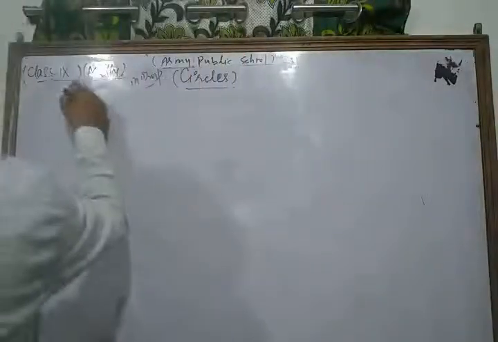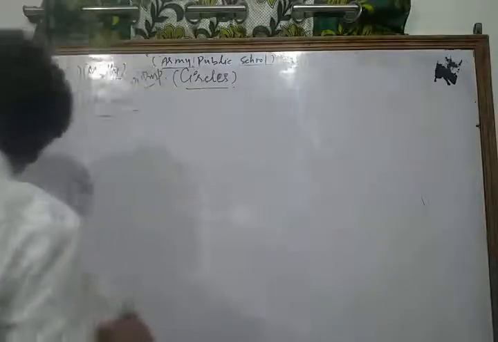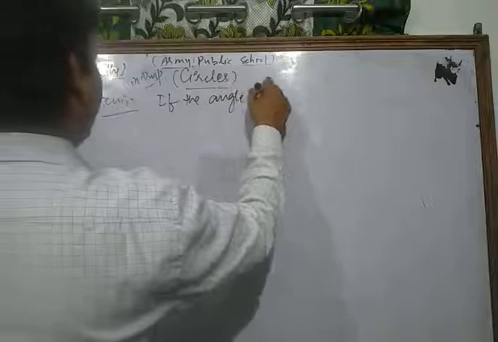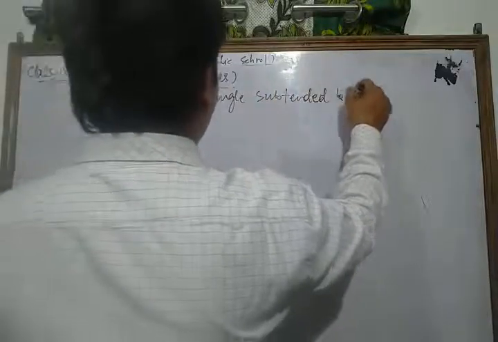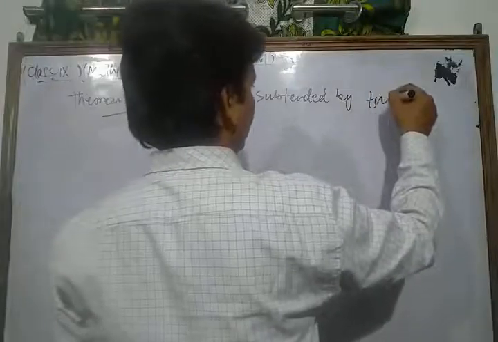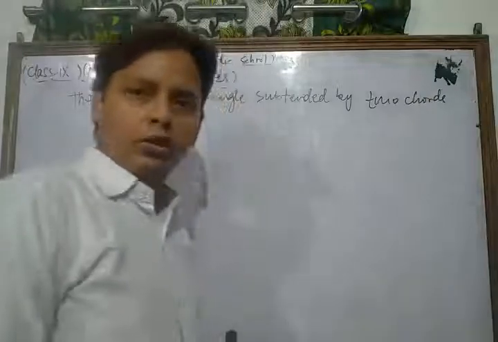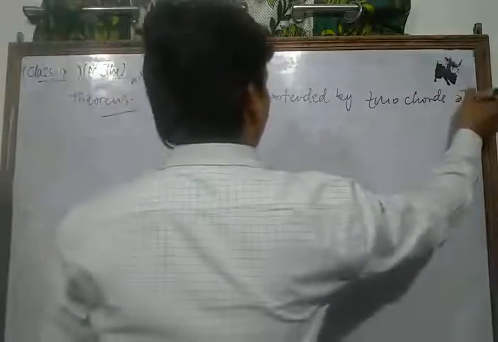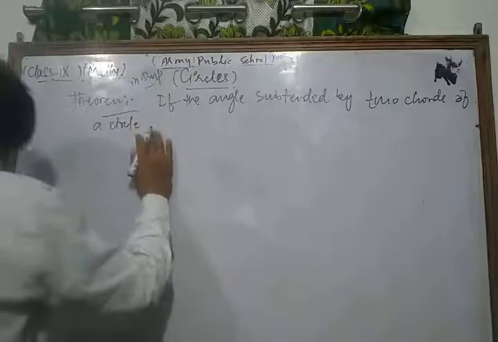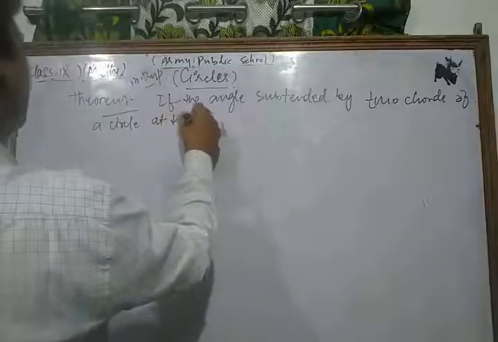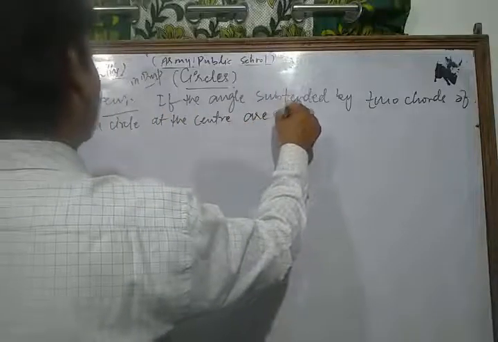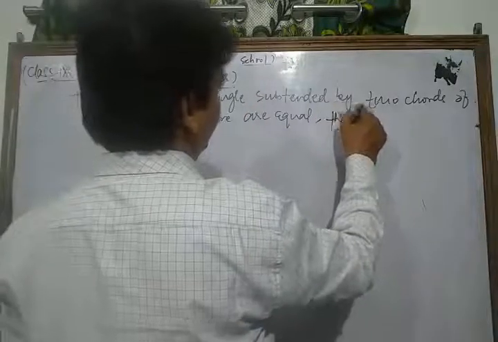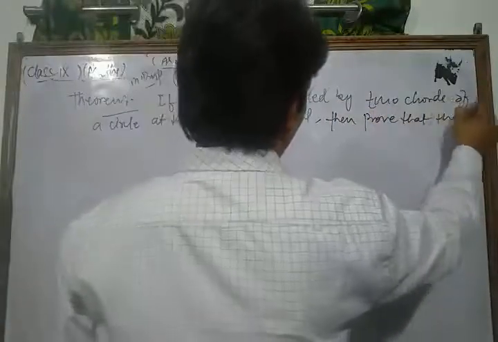We take some other important theorem and question based on the chapter circles. And the theorem is, if the angle subtended by two chords of a circle at the center are equal, then prove that the chords are equal.